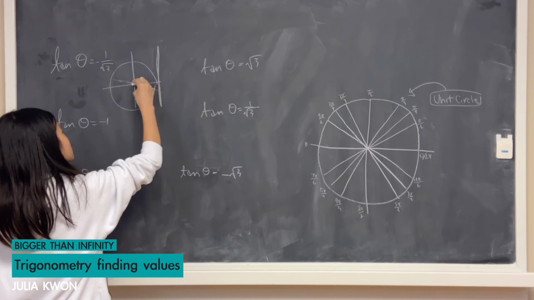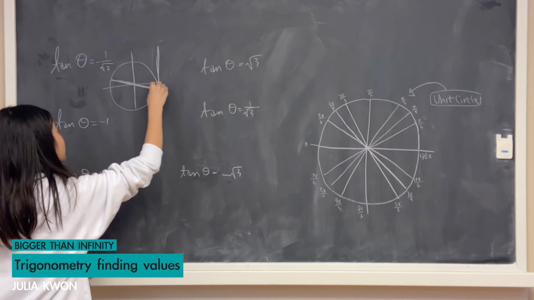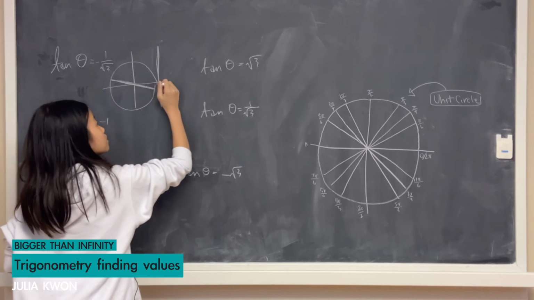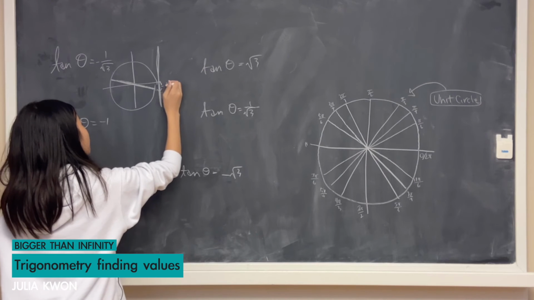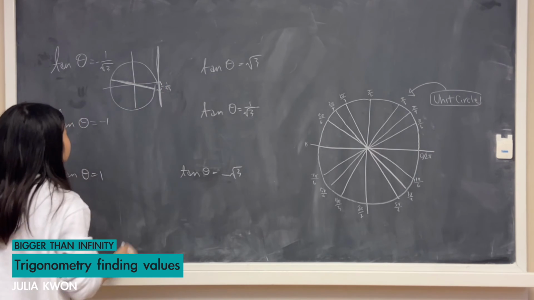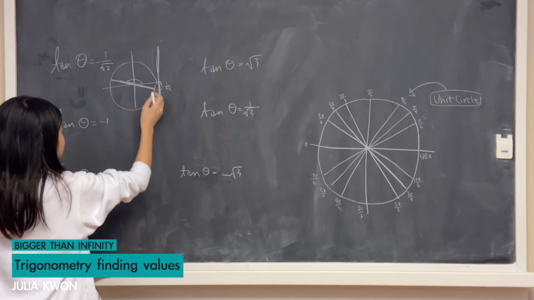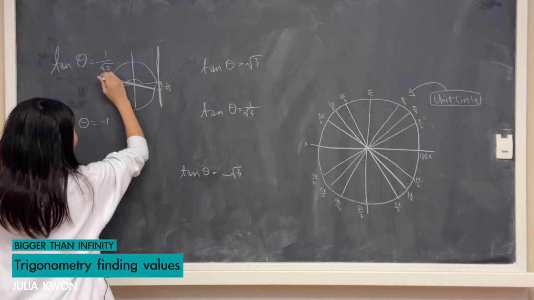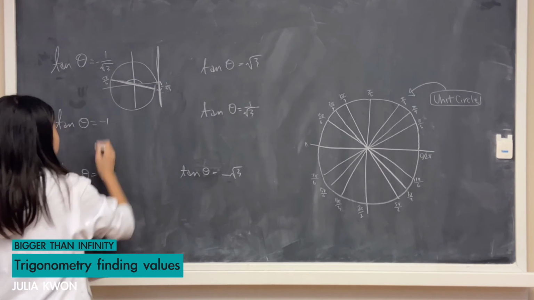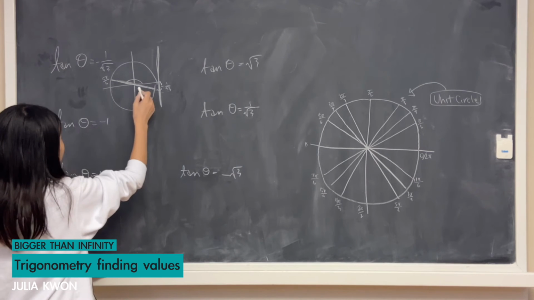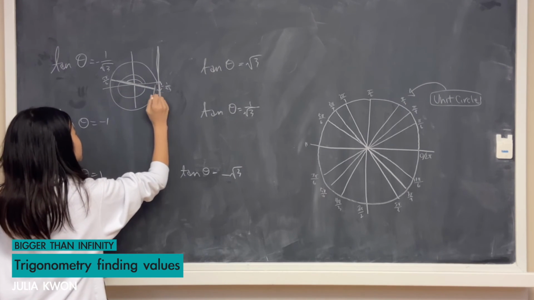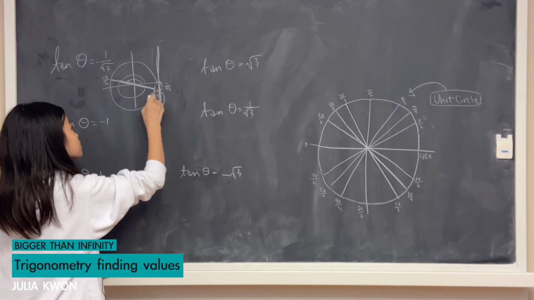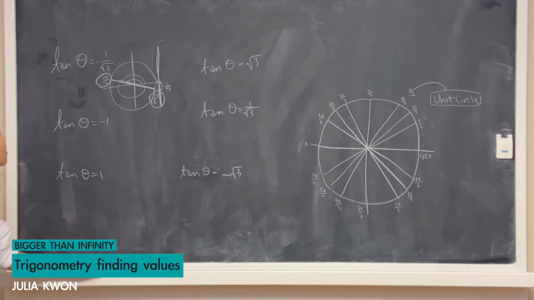So these two radians would be the theta, and this length is negative 1 over square root of 3. So the first radian is 5 pi over 6, and the second radian here is 11 pi over 6. So these two are the radians for the theta in this equation.